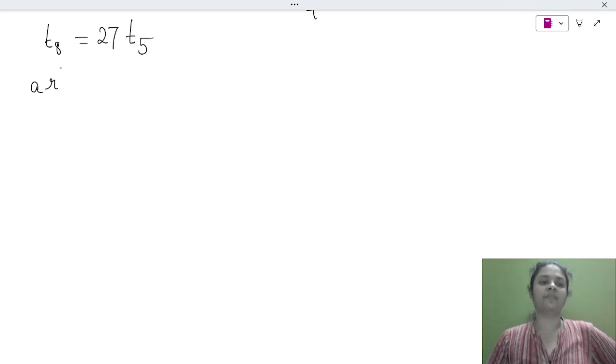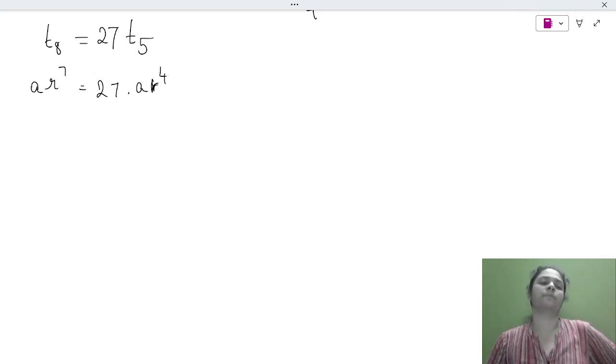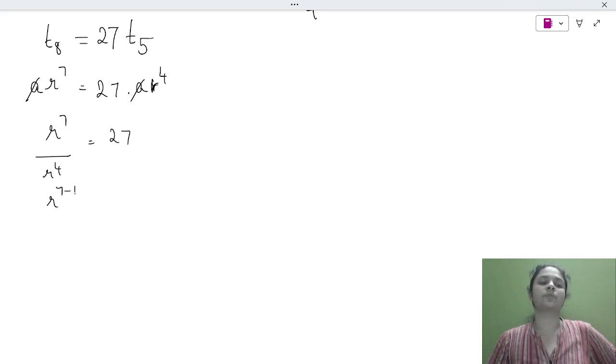A into r power 8 minus 1, 7, is equal to 27 times A into r power 5 minus 1, which is 4. Now A and A will get cancelled. So r power 7 and bring r power 4 on the other side to the denominator. You get 27. So when the bases are common, you can subtract the indices. So r power 7 minus 4 is equal to 27. R power 3 is equal to 27.